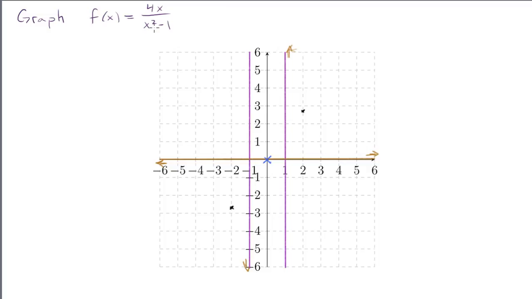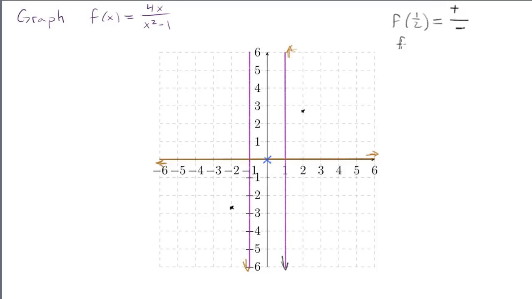So I could grab a calculator and actually compute f of 1/2. But what I'm going to do is think: in the top it's going to be positive, and in the bottom it's something like 1/4 minus 1. It's negative. So over here this is negative. It's got to be going down.